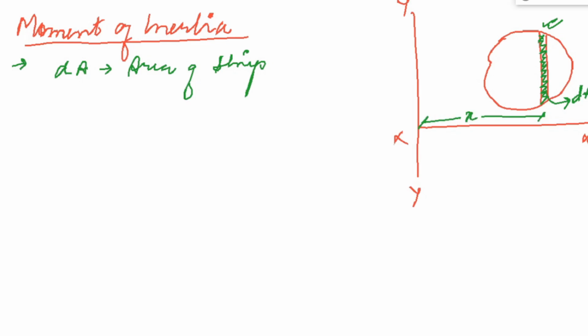Okay, and we have considered this center of gravity. Let's say we have considered the center of gravity somewhere here, and we say it is at a distance of y from the x-axis.